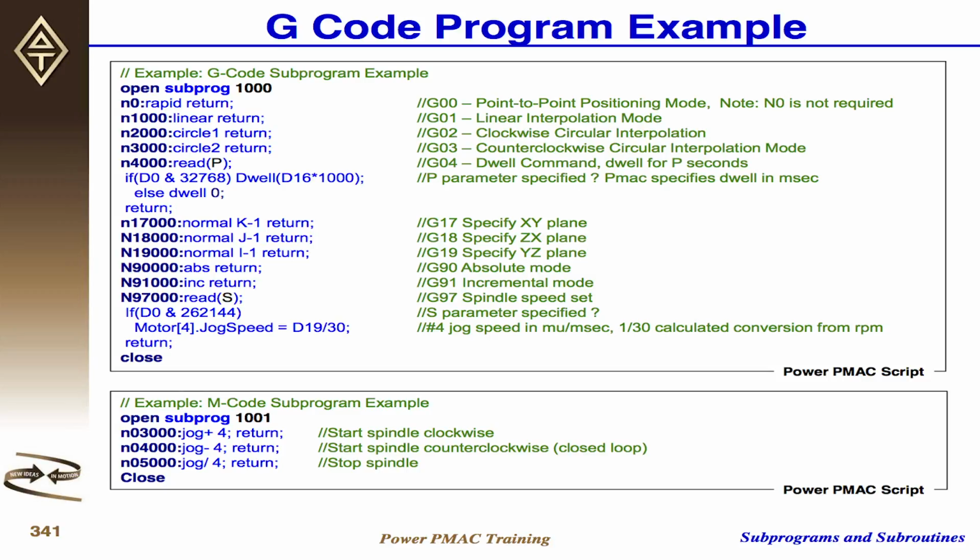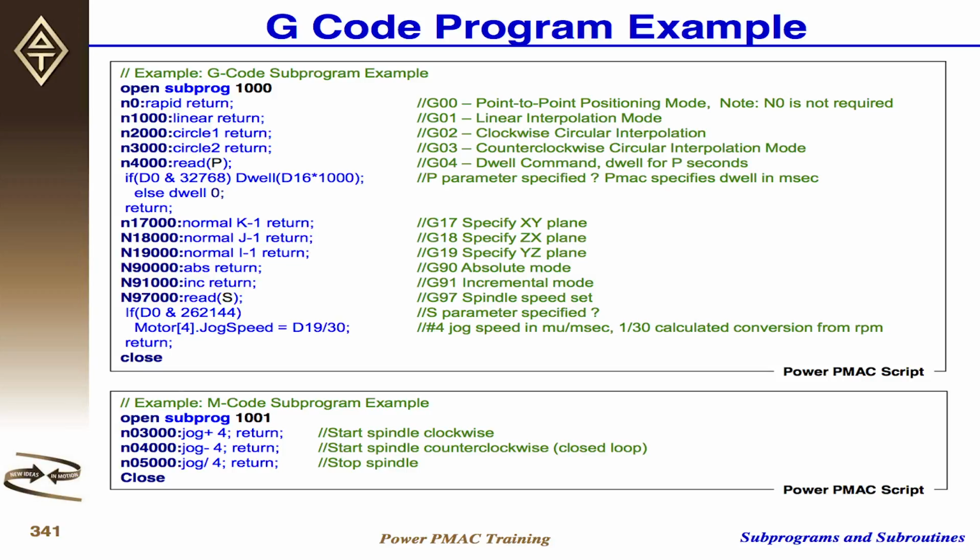G19 is just selecting your YZ plane, go to the N19,000 normal, I negative 1. Then G90 is absolute mode, so you just need to issue the absolute command. G91 incremental mode, you need to issue the incremental command in Power PMAC. And this pretty much covers the basic G codes here.